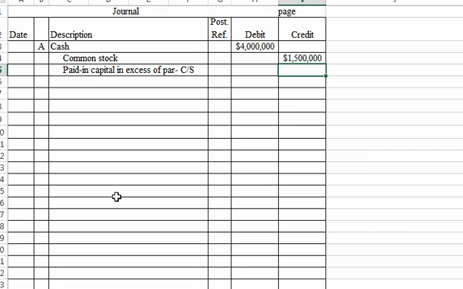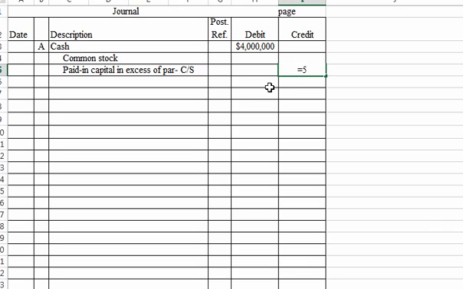Okay, so there's a couple ways you could go about getting this number. You could just say the $4 million cash received less the par value amount assigned to the common stock shares, and we'd get $2.5 million. Or what was the difference in the price received per share and par value? Well, they sold these shares for $8 each. Par value was $3 each.